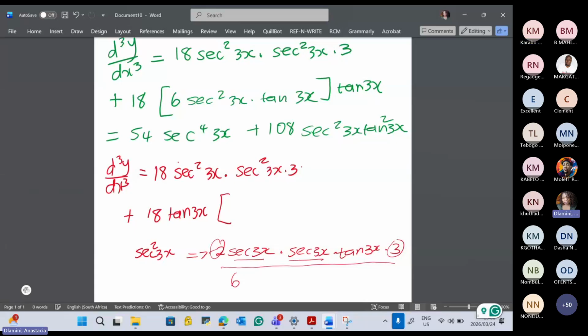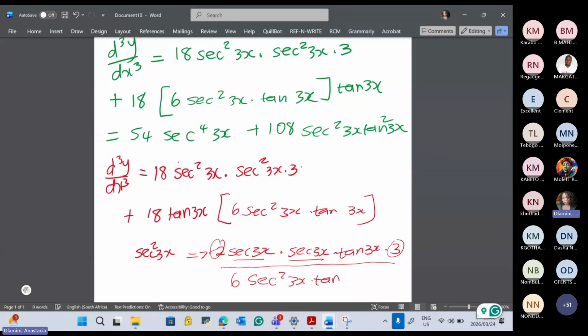Sec 3x times sec 3x gives us sec squared 3x times tan 3x. So here we have 6 sec squared 3x times tan 3x. Not tan squared, it's tan, not squared. Thank you.